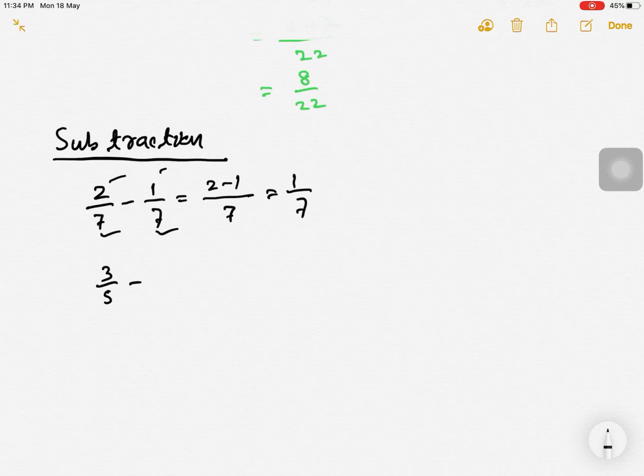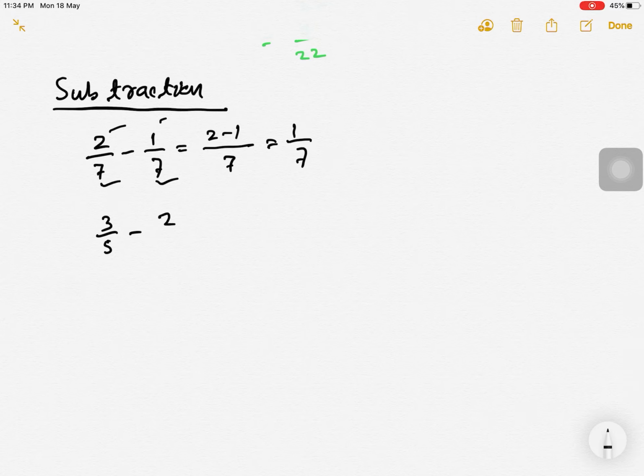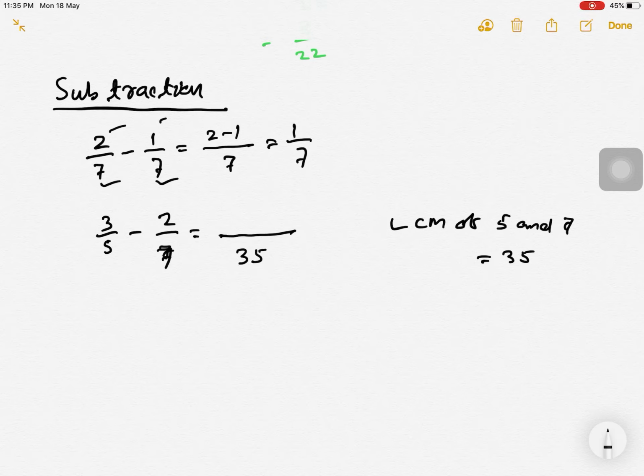Now let us take another example. 3 by 5 minus 2 by 7. This gives here LCM of 5 and 7 equal to 35. So we shall take the LCM first. Then divide the LCM by the first denominator.